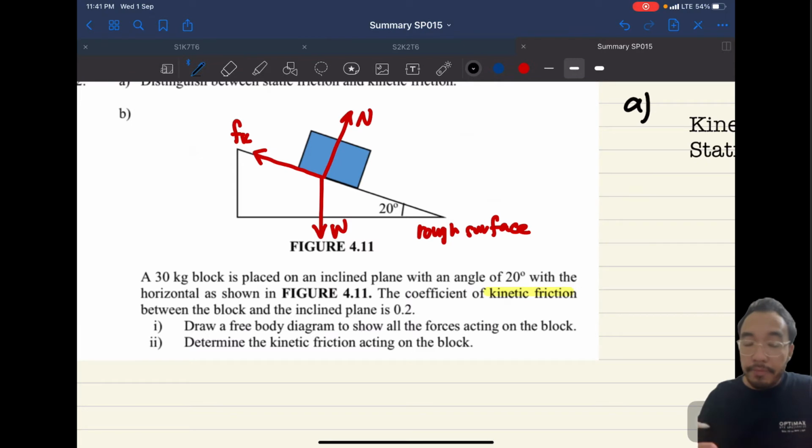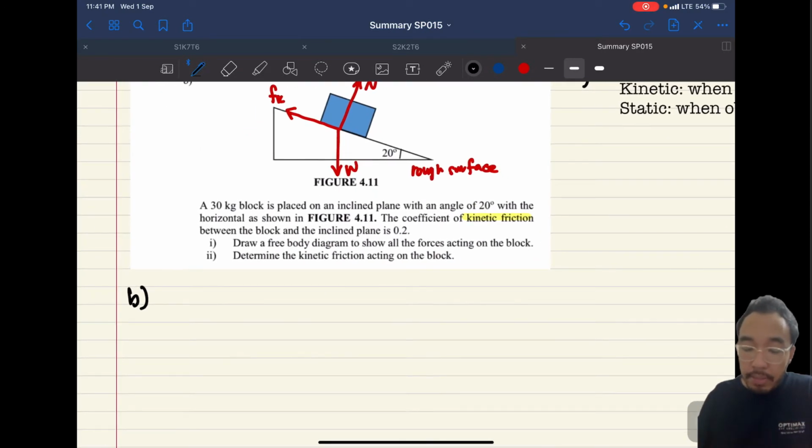Interesting. Okay, now I can draw the free body diagram again. For free body diagram purposes, if they ask you to draw, I really prefer if you just draw the three basic forces. You don't have to resolve anything yet. You certainly don't have to rotate it, but if you want, it's up to you.